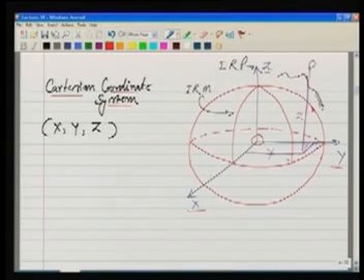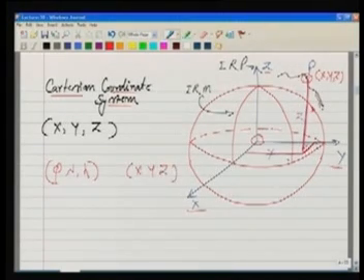Now for a point P, we can also define the Cartesian coordinates as x, y, z, where x is this and this is y, and z is the distance from the equatorial plane. Now phi, lambda, h, and x, y, z, we can determine one from the other.